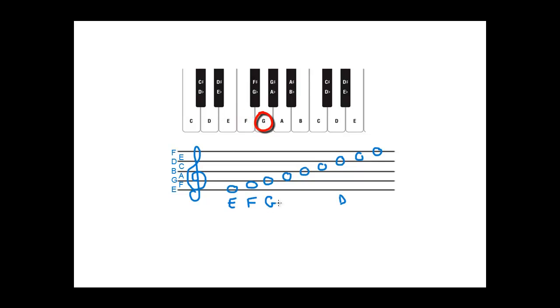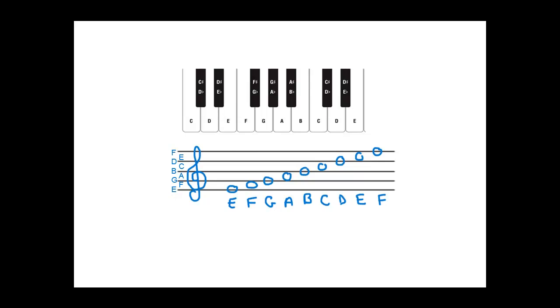So here we get back to G again, and we loop back to A, right? Go back to A. Start the musical alphabet again. Alright, so there are our pitches written out for the treble clef staff.